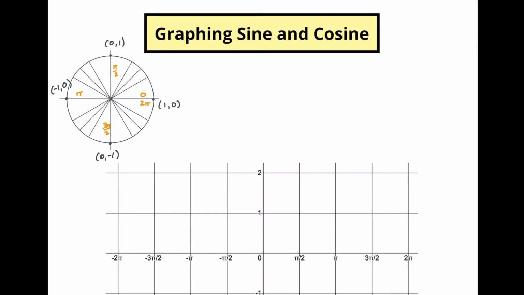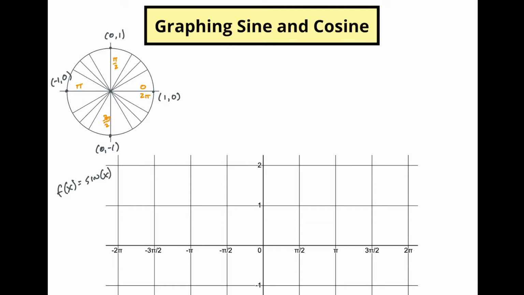So let's start with the first one, f of x equals sine of x. I'm not going to worry about the other parts of the unit circle, because these 5 points, if I repeat them 2 times, are all that we need to graph a function really easily.